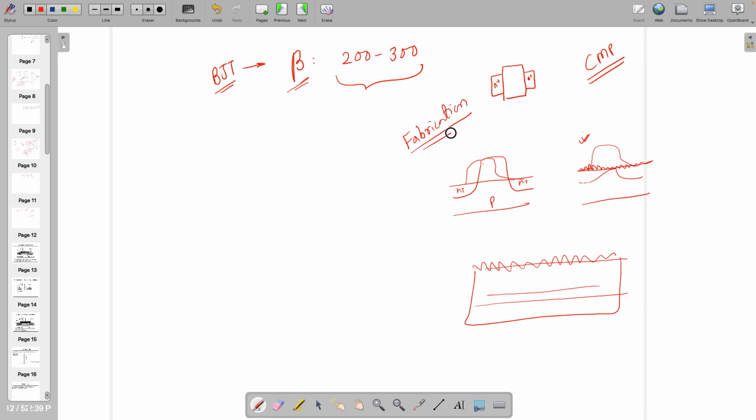It's not at all reproducible, but we have invented one term: whatever we wanted to make, if the transistor is the same, we call that transistor typical, that it's exactly the ideal one which we wanted. Another one is slow and another one is fast.